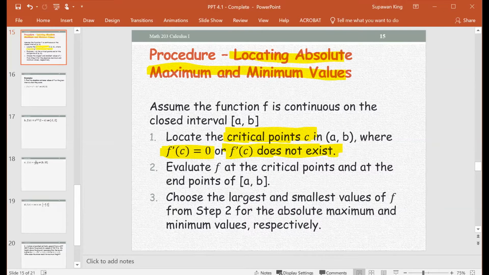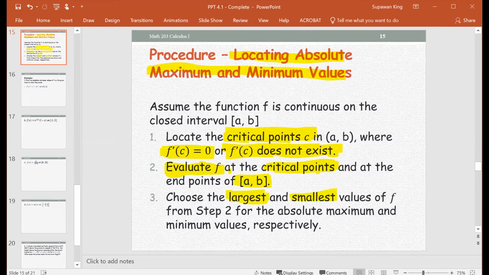Then step number 2: evaluate the function value at those critical points you found from step 1, and also at the two endpoints. And number three is the non-computation part: you just compare the values, pick the largest and the smallest.